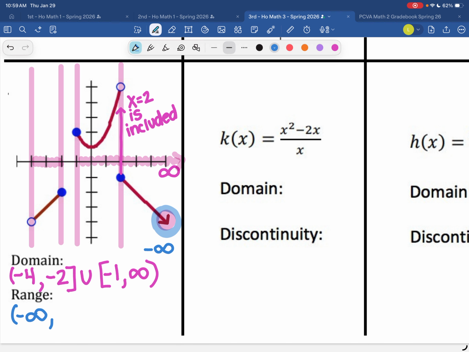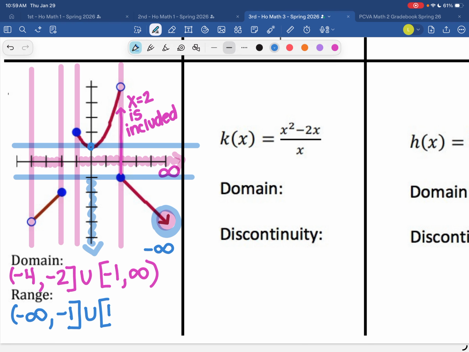So that means we are going to stop the y values at -1, and then pick the y values back up at +1. So here, it's going down to -infinity, and it's going to stop at -1. Now, that -1 is included, so we need a bracket, union, and then we're going to pick back up on the other side at 1.